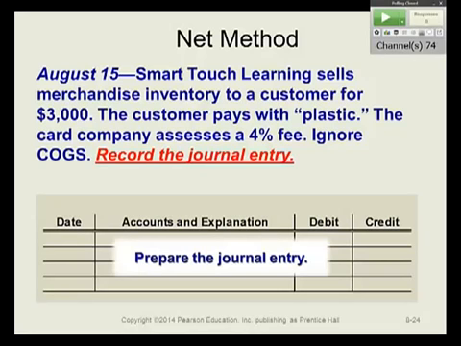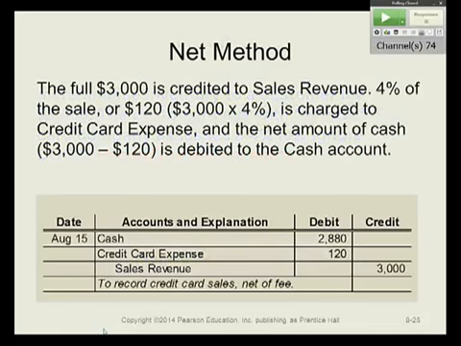Okay? So the fee here is $120. The question is when you recognize it. When you use the net method, notice what happens. Under the net method, we deduct the fee immediately and record the cash as $3,000 minus the $120. So if you look up at the screen, you'll see that the sale is $3,000.